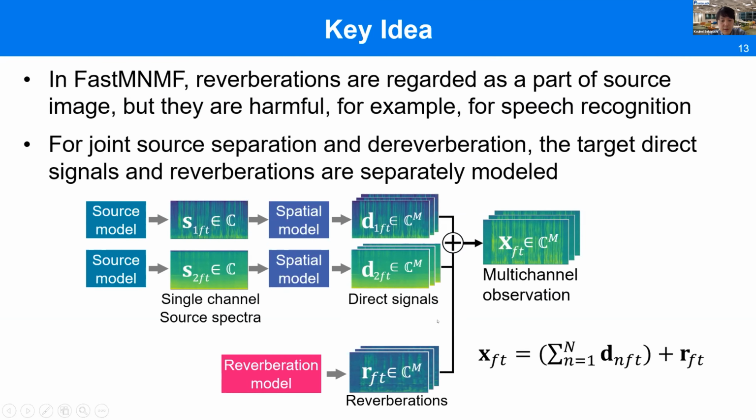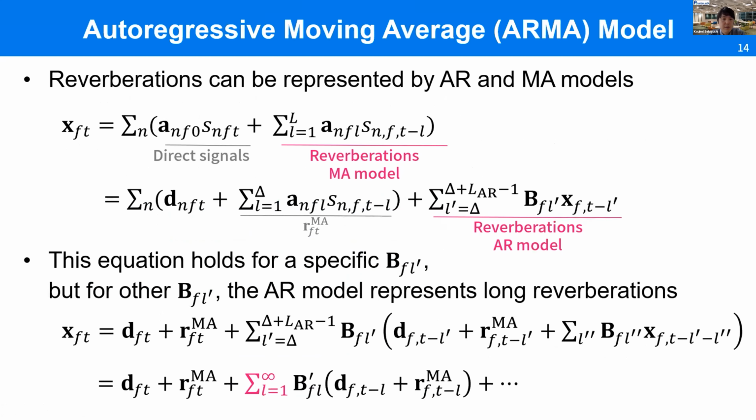The problem is how to formulate reverberations. One naive approach is using a moving average model. But in this work, we use an autoregressive moving average model, the ARMA model.